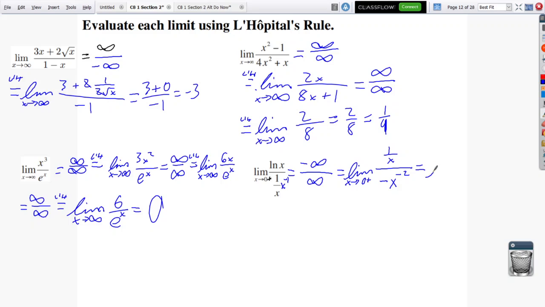Now looking at this as the limit as x approaches 0 from the right of 1 over x over negative 1 over x squared, just trying to make it so that I have the non-negative exponent there.